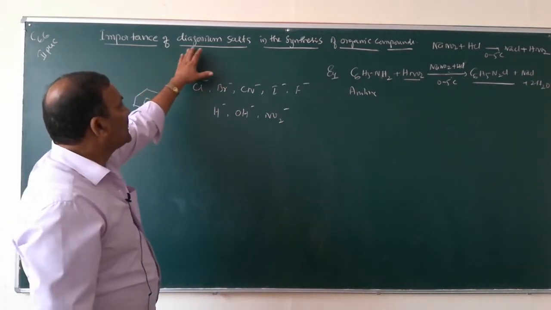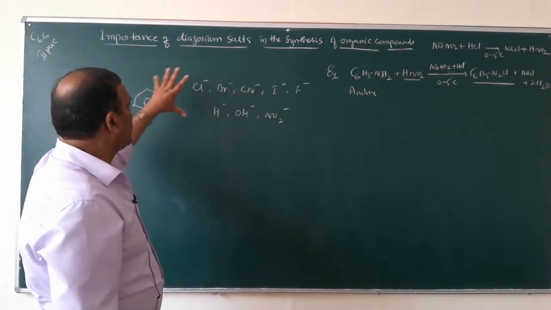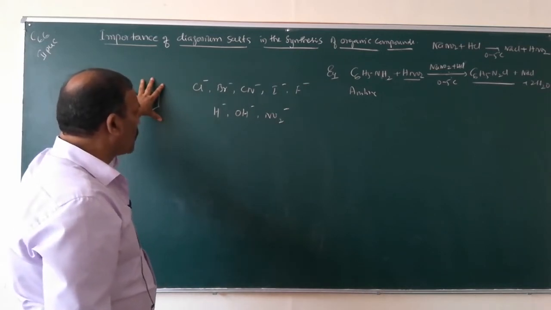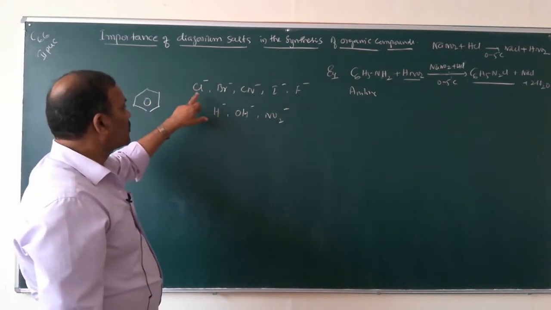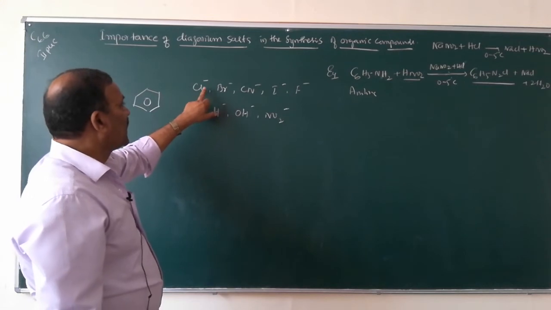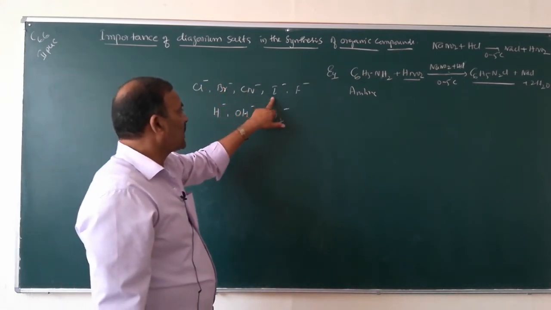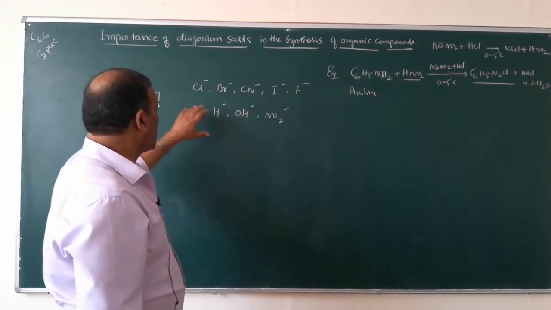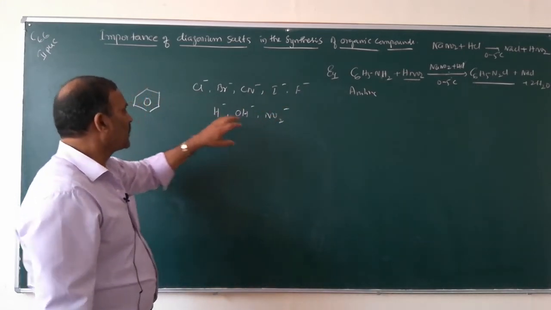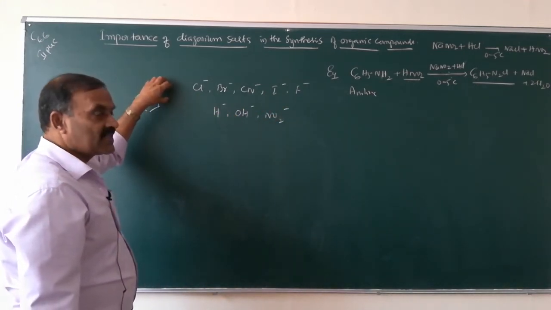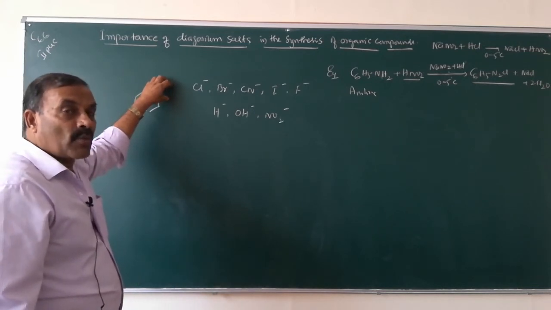So benzene diazonium salts play an important role in the introduction of Cl minus, Br minus, CN minus, I minus, F minus, H minus, OH minus and NO2 minus into the benzene ring or the aromatic ring.